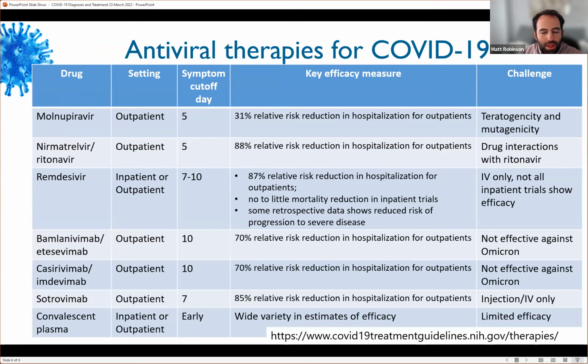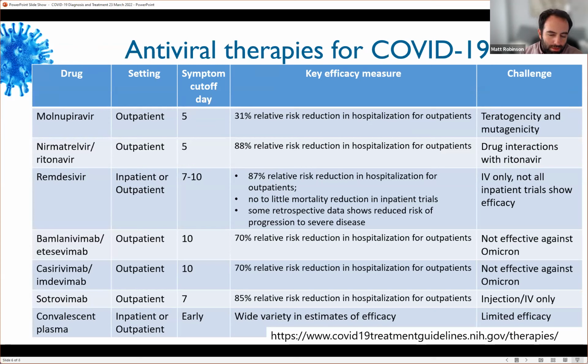Molnupiravir, the main challenge with that though, it works by messing with the virus's ability to reproduce faithfully. And so it causes mutations in the virus, which makes it more difficult for it to replicate. But there's concern that that can also cause birth defects in people who are pregnant and the potential to cause malignancy in others.